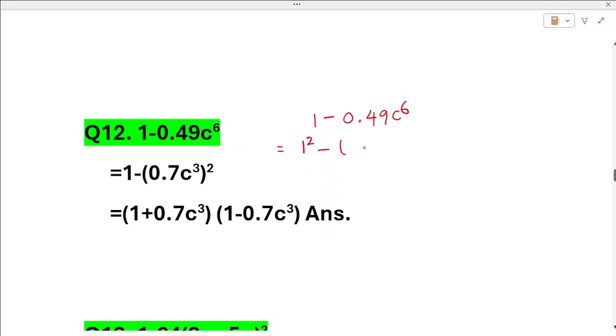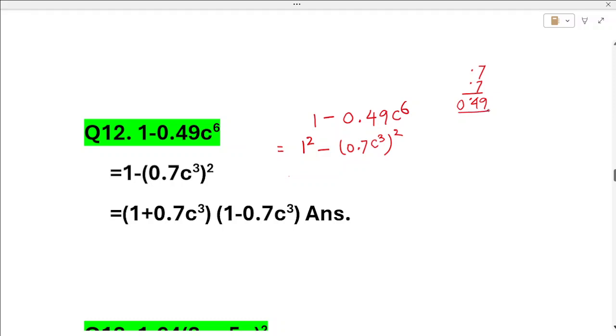I hope you know how to take the square root. So it will become 0.7 c cube squared, because when you multiply 0.7 by 0.7, 7 sevens are 49.